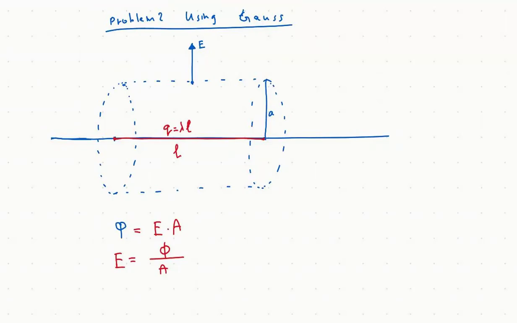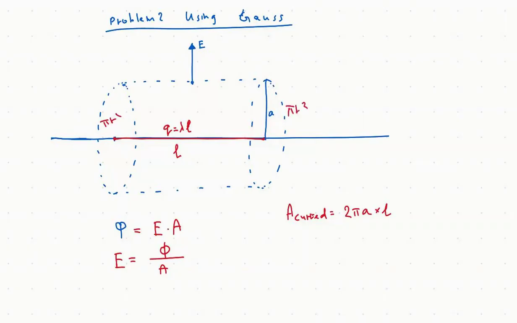The curved area of the cylinder is 2 pi a, which is the length, multiplied by L. That's the curved area. Now, this area is pi r squared, and this area is pi r squared.